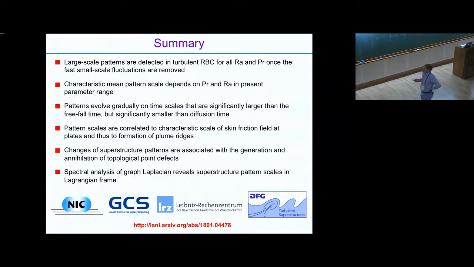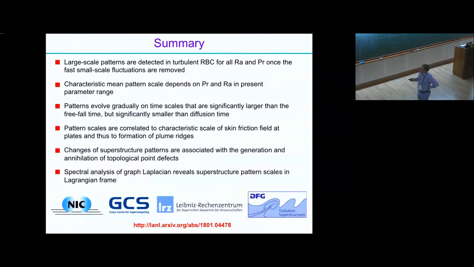We have also seen that these patterns evolve gradually on time scales which are significantly larger than the free-fall time scale. We're talking about something like 60 free-fall time scales, roughly, or even more. But they are still much smaller than the diffusion time. So that gives you at least a range of scales to divide the small, fast, and the slow, large-scale motion.